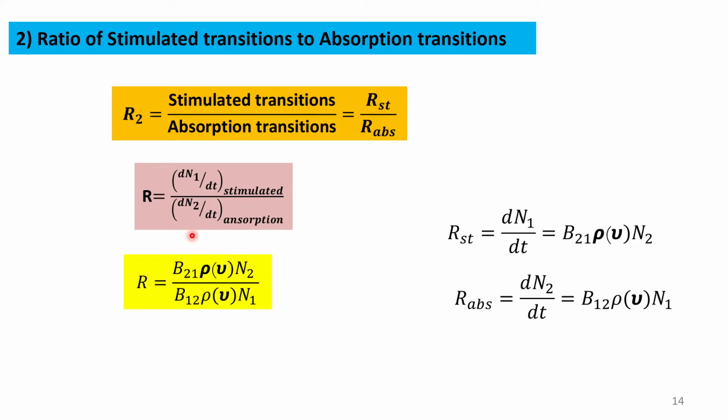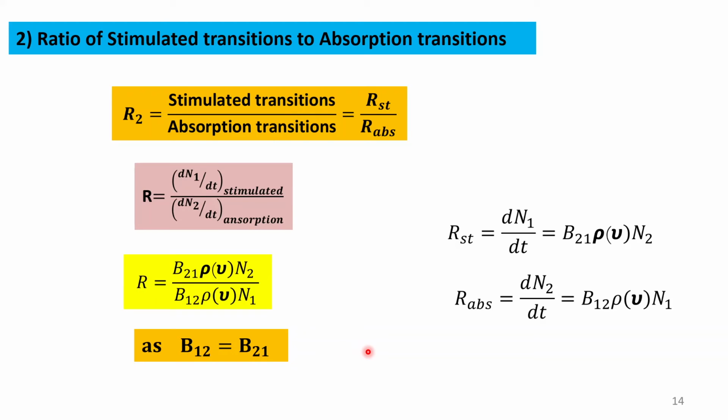By substituting these values, we get R is equal to B21 rho of nu into N2 divided by B12 rho of nu into N1.